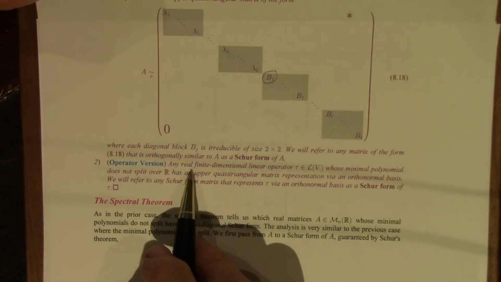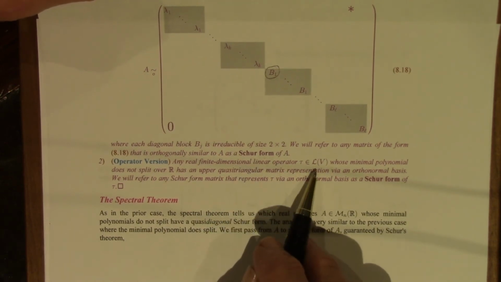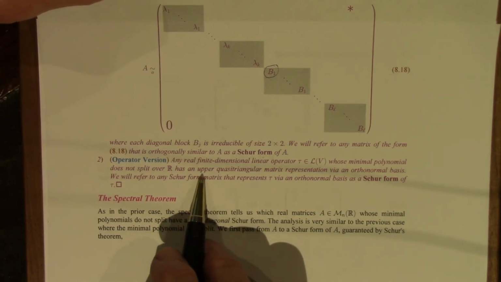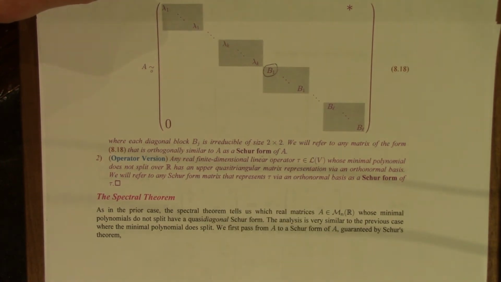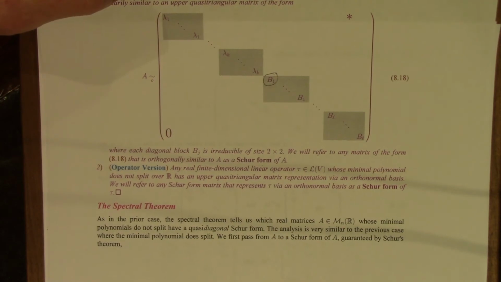The operator version says that a real finite dimensional linear operator whose minimal polynomial doesn't split has an upper quasi-triangular matrix representation via an orthonormal basis. And that's a Schur form for the operator.